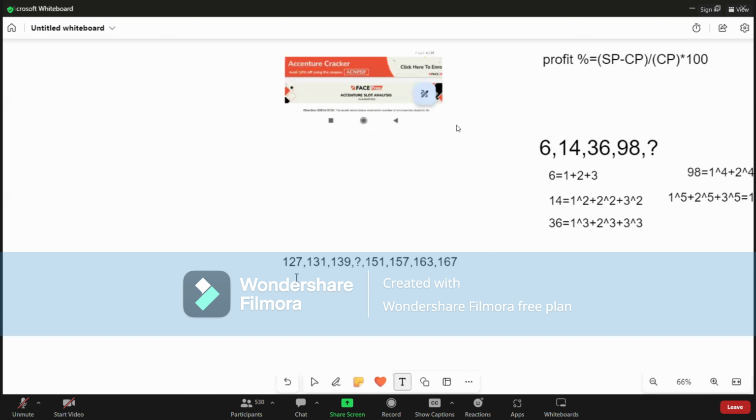Okay, let's check what the difference is first. We'll go one by one. This is 4, and here the difference is 8. So let's leave this term for now. We don't know what this is. We have to find what this term is. This is 4, this is 8, and we don't know this. And then this is 6, and this is 6.